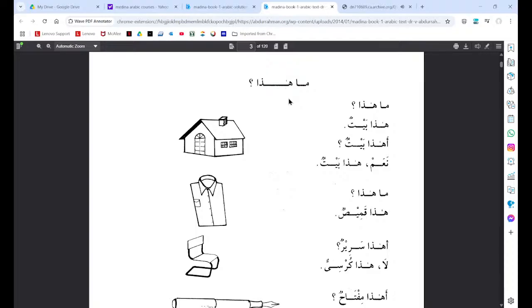So here we will say, ما هذا, what is this? هذا بيت, this is a house.